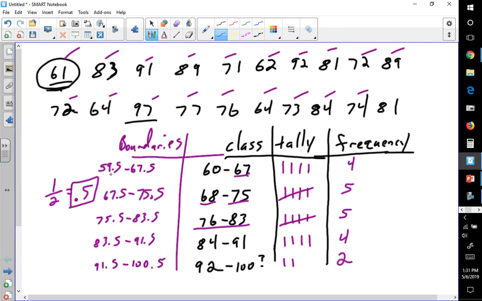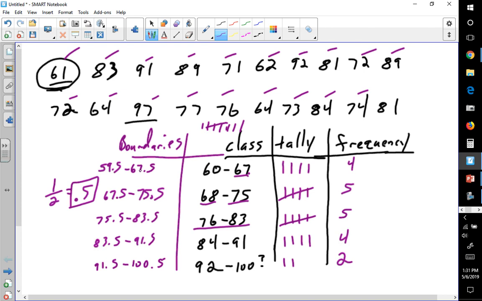Notice our class width here is 8. In this class, it could be a 60, a 61, a 62, a 63, a 64, a 65, a 66, or a 67. 8 different items could fall into this class.